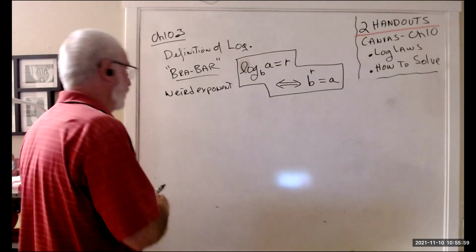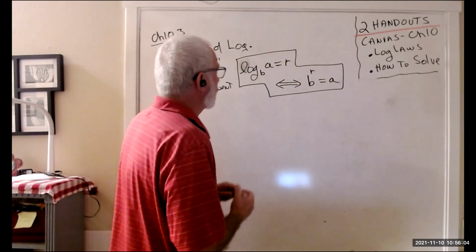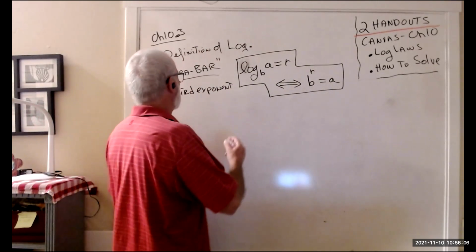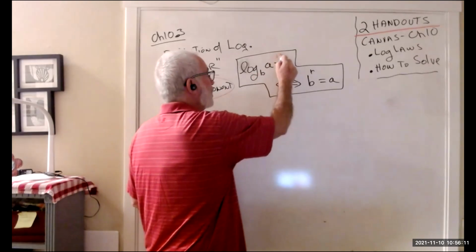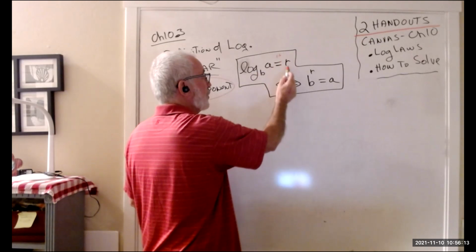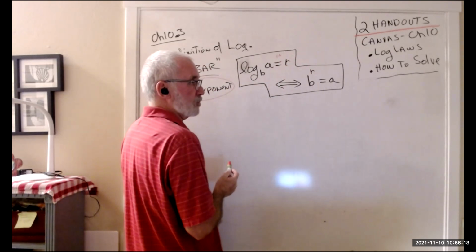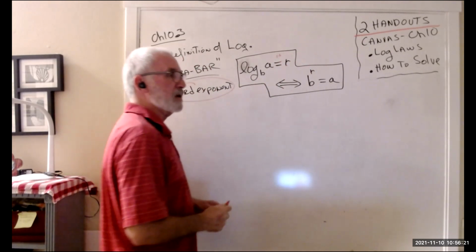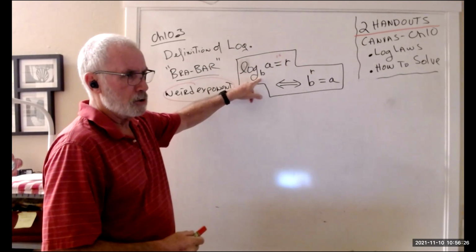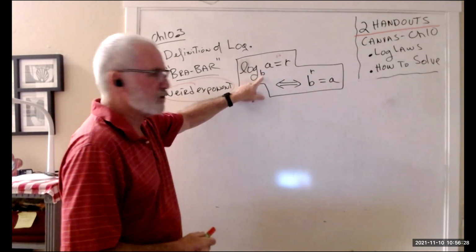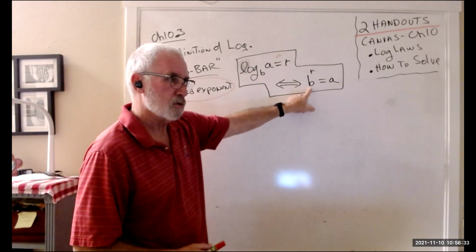Then we practice things. Oh, wait a minute, time out. I made a big deal here. Notice I said a logarithm is an exponent. So the logarithm equals the exponent. Notice the R here is the exponent, and it becomes the exponent of the exponential. And remember, I made a big deal about you have to say the word base, log base B. That's because the base of the logarithm is the base of the exponential.